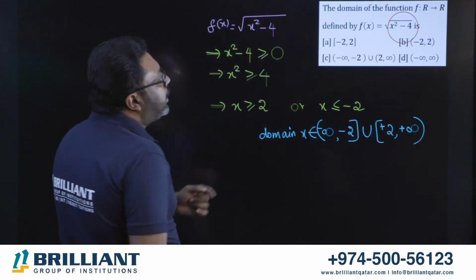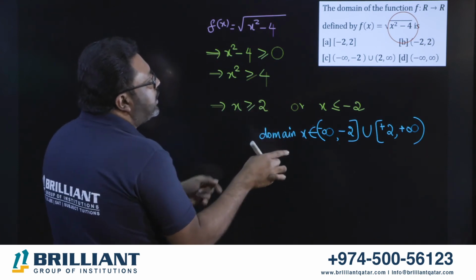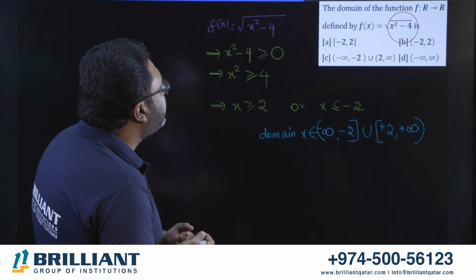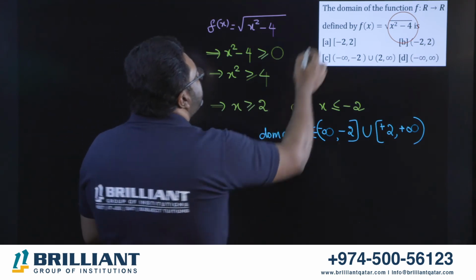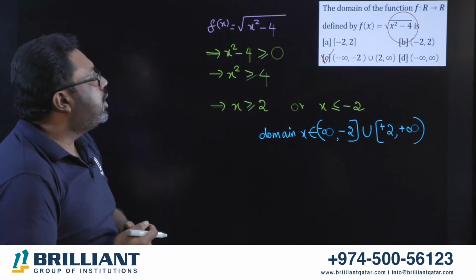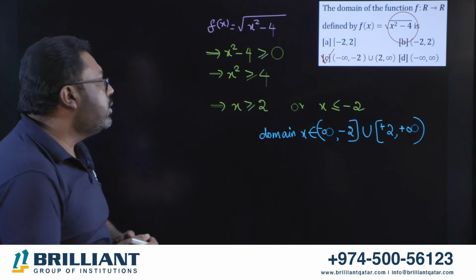So look at the options: minus infinity to minus 2 union positive 2 to positive infinity. So the option is going to be option C. I believe everybody is clear with this answer. Yes, let's go for the next question.